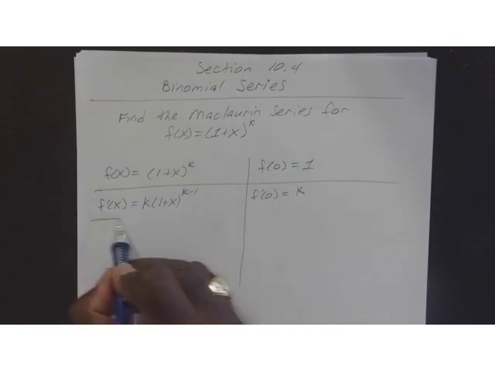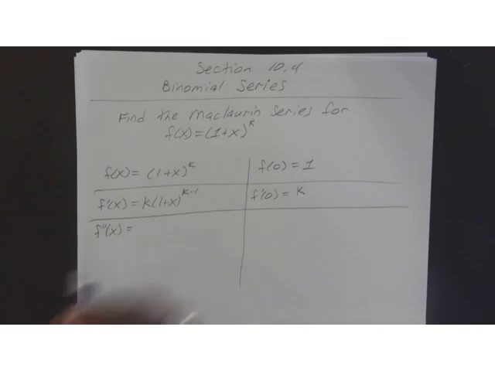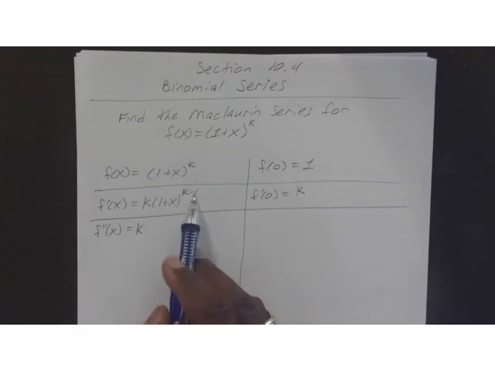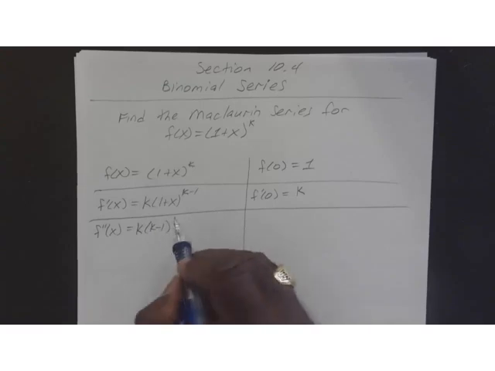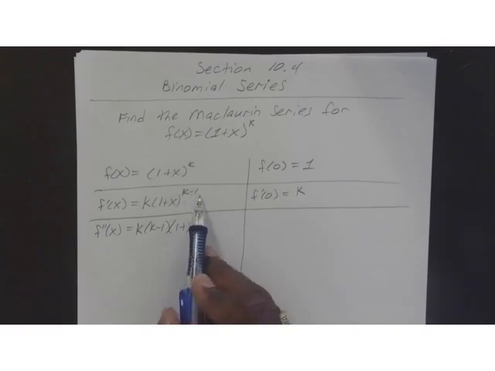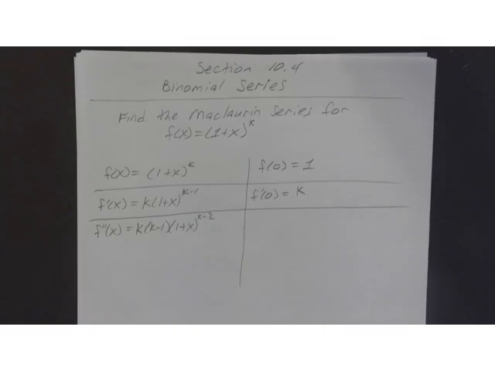So if we wanted to find the second derivative, we have our constant k. We bring down the k minus 1 times 1 plus x to the power of k minus 1 minus 1, just k minus 2.